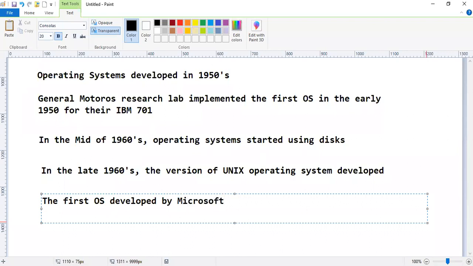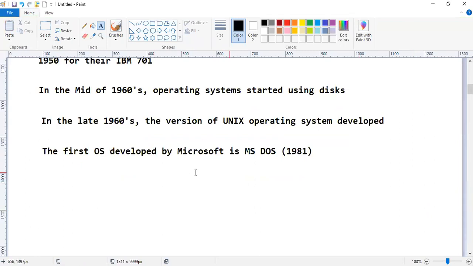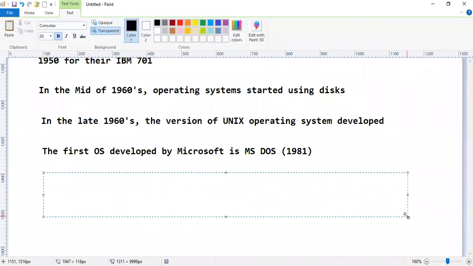The first OS developed by Microsoft is MS-DOS, developed in 1981. Microsoft did not develop everything from scratch. They purchased it from some other company and modified the MS-DOS operating system. Right? In 1985, the first operating system came into the market with a GUI, graphical user interface.